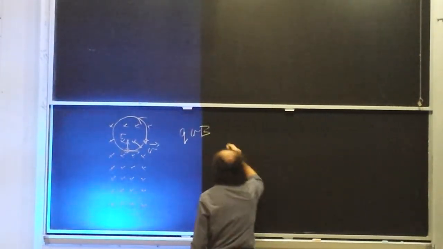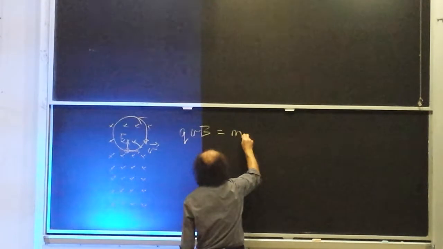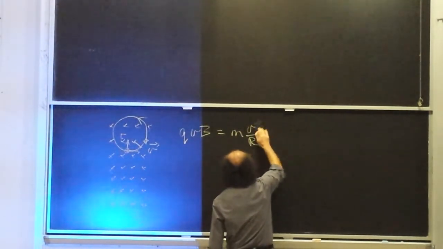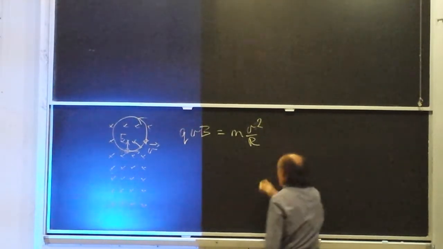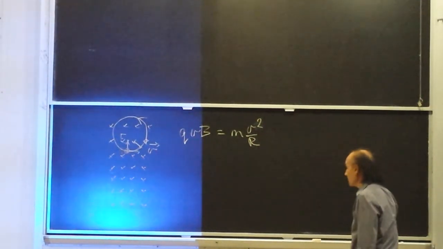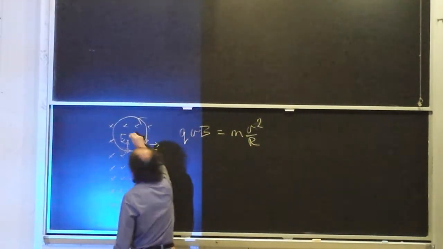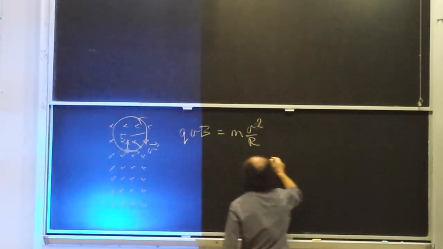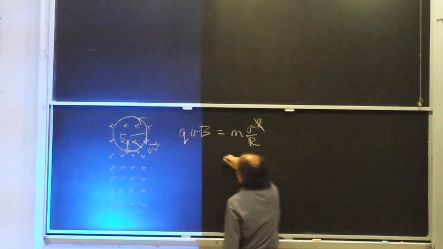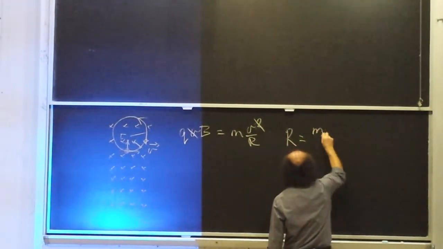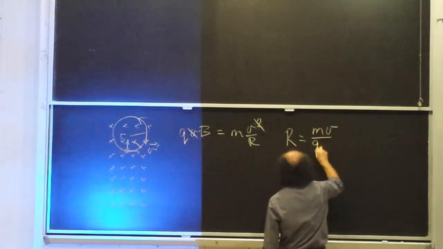This becomes the centripetal force, which is mv squared divided by r. This is the centripetal force that we know from physics 1, and the radius of this circle is derived from here. With this speed, the radius is mv divided by qB.